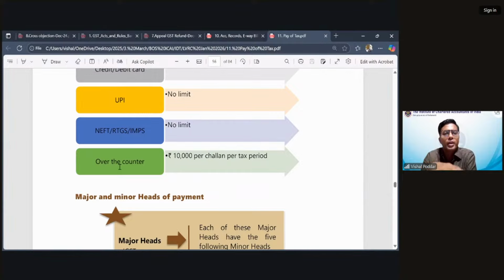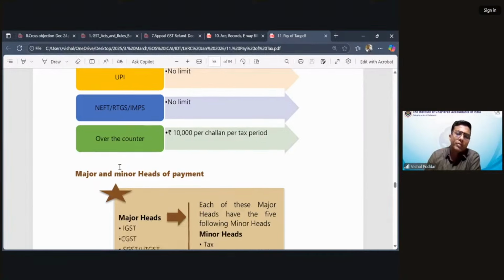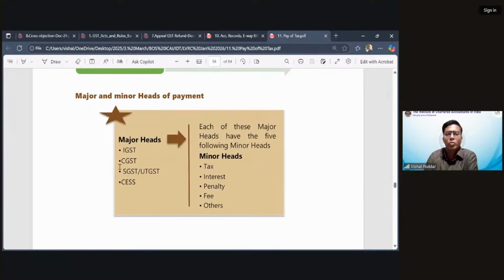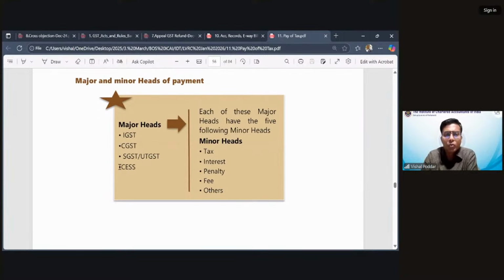This limit also has an exception: where the payment is done on the advice of the officer, or where the officer has created the liability and asks you to make payment, this limit of 10,000 over the counter does not apply. But otherwise, where you are making self-assessment and payment, this 10,000 limit is applicable. This is applicable only when you go to the bank and try to deposit the tax amount using cash or cheque. For all other mediums, there is no limit of payment.